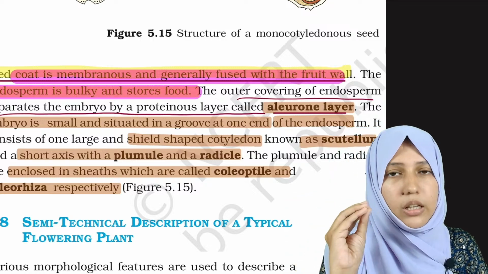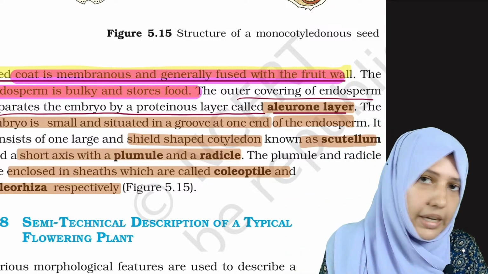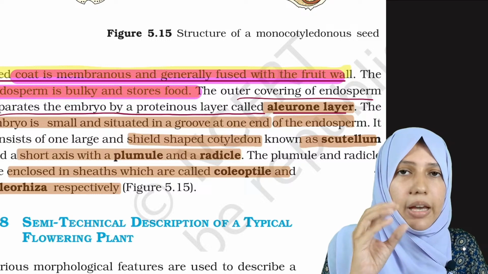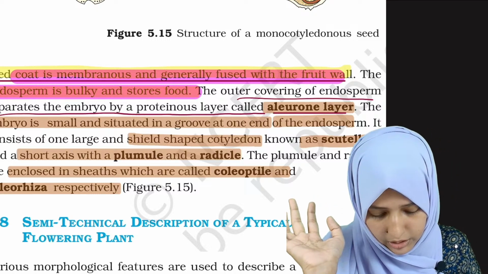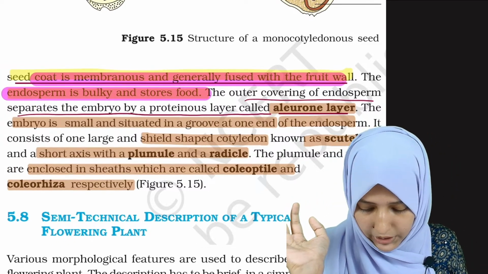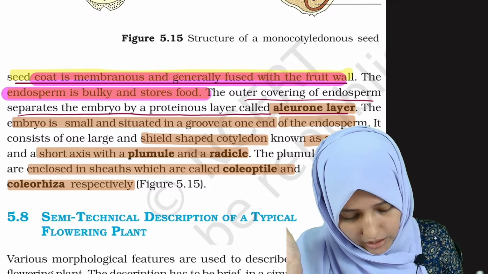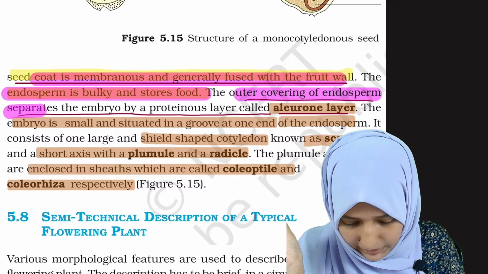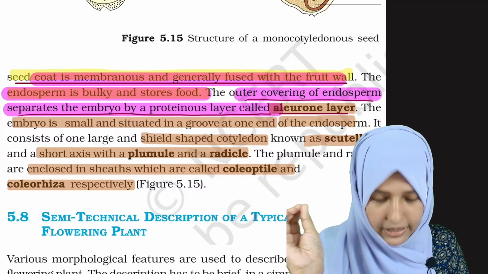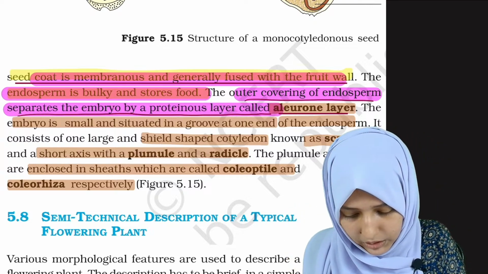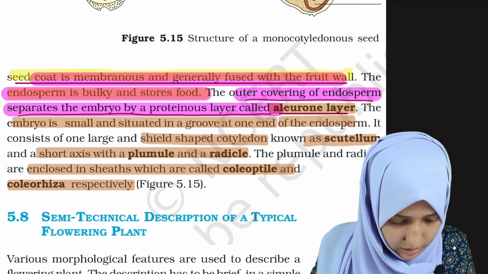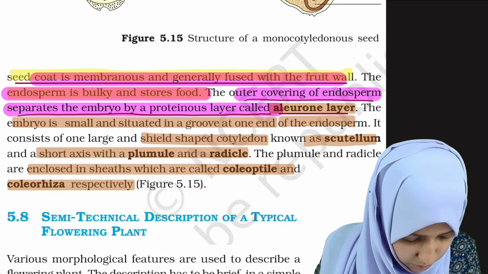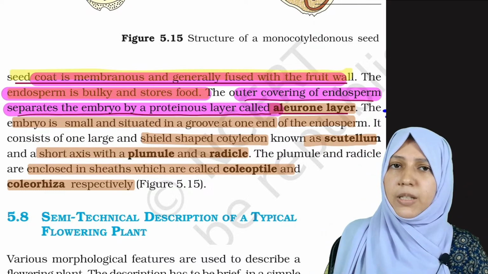The endosperm is bulky and stores the food. The outer covering of the endosperm separates the embryo by a proteinaceous layer known as aleurone layer. This was a PYQ, multiple times, so please note this statement.